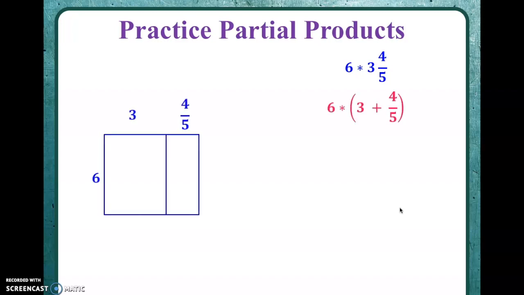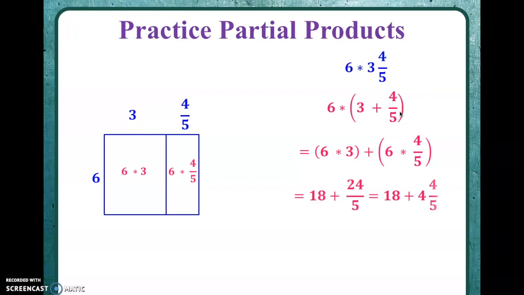All right, we know that our equation is 6 times 3 plus 4/5 because we're going to multiply the 6 times the 3 and the 6 times the 4/5. So we have 6 times 3 plus 6 times 4/5. I get 18 plus 24/5. 24/5 is the same thing as 4 and 4/5.